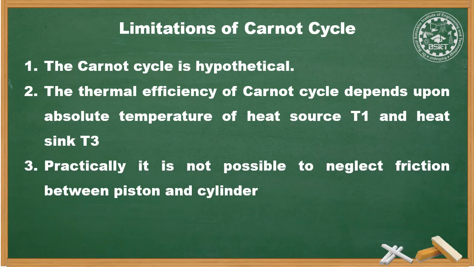Third, practically it is not possible to neglect friction between the piston and cylinder. We know that there is friction between the two moving parts, so in actual working conditions, we cannot neglect the friction between the piston and cylinder.